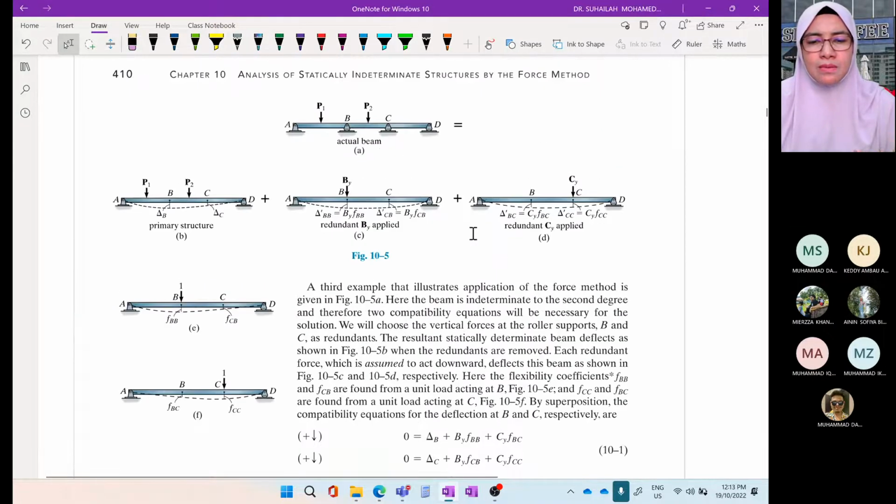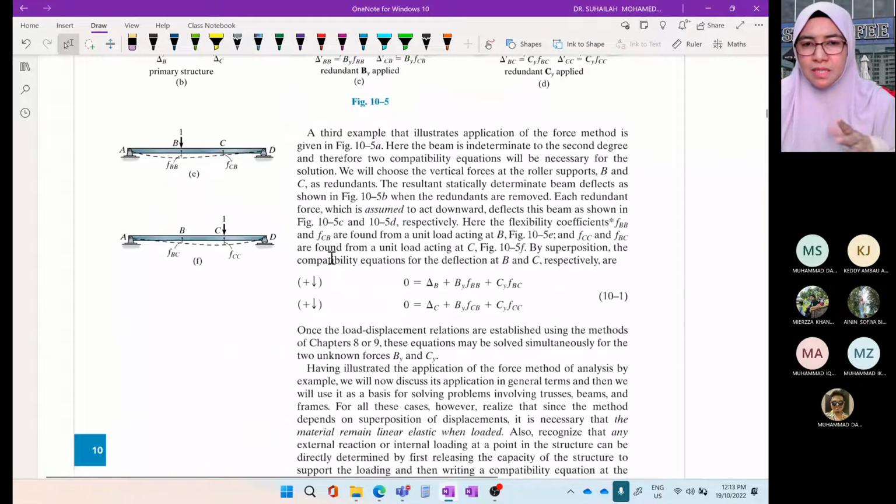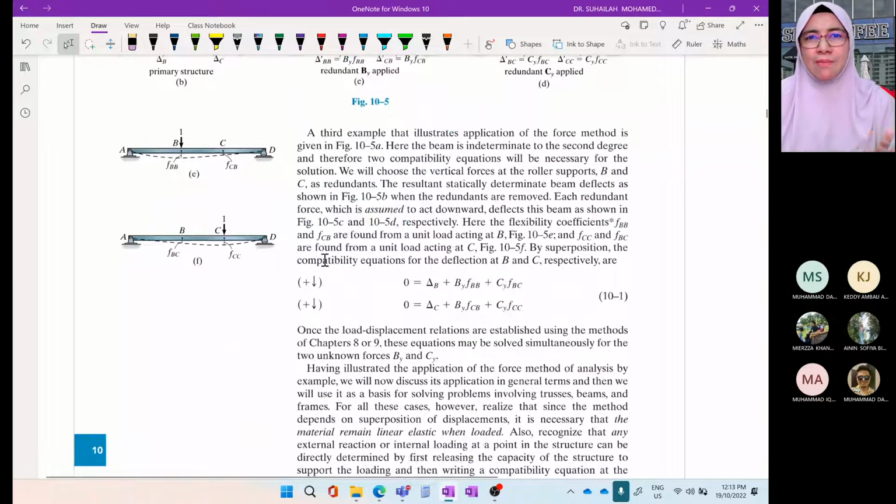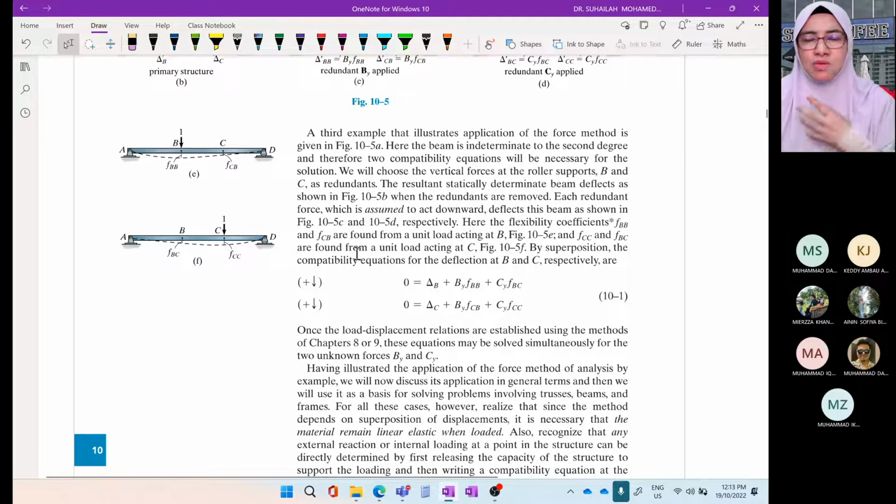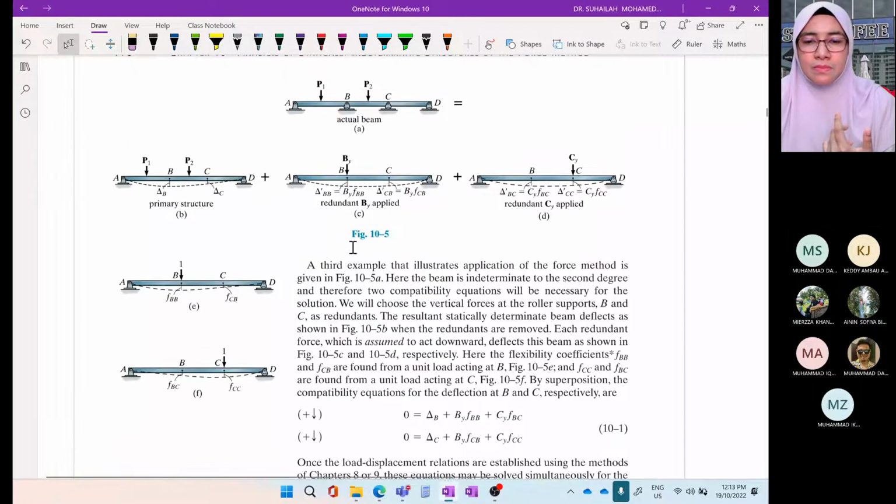Dalam ni mungkin ada macam baca tak faham, tak apa, just baca je. You jangan fikir baca tak faham, you tak nak baca, jangan. Baca tak faham, baca lagi banyak kali, tak apa. And then bila saya masuk kelas, saya akan explain dan you akan lagi faham bila saya explain. Okay, jangan buat keputusan baca buku tak faham, tak nak baca, tak boleh. So baca.